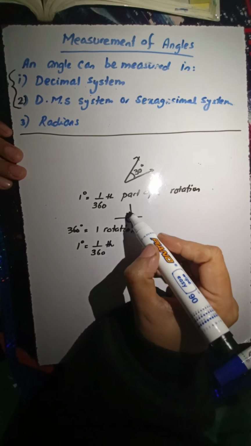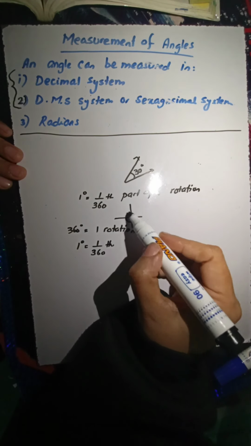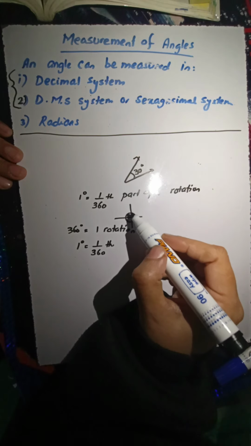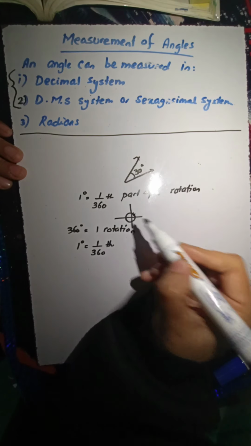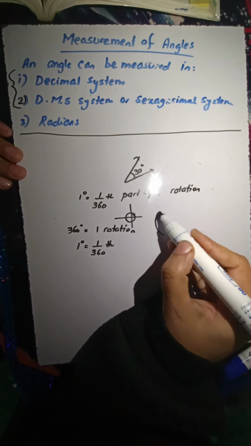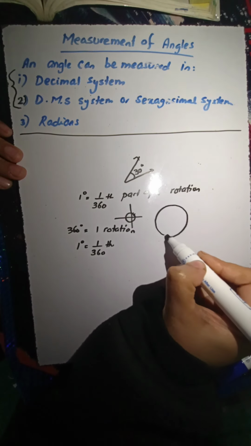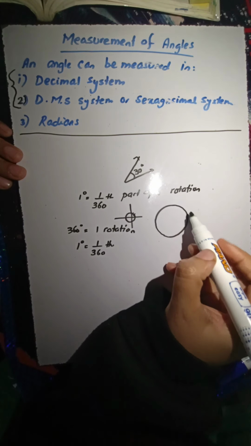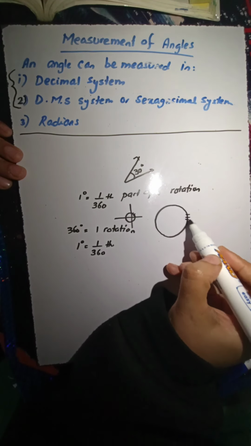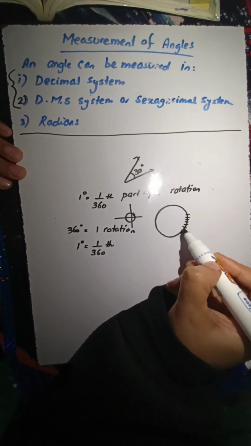It means that if you divide this whole rotation, this whole circle, into 360 equal parts, then a single part will be equal to a degree. Suppose this whole rotation is equal to 360 degrees, and you divide it into 360 equal divisions.